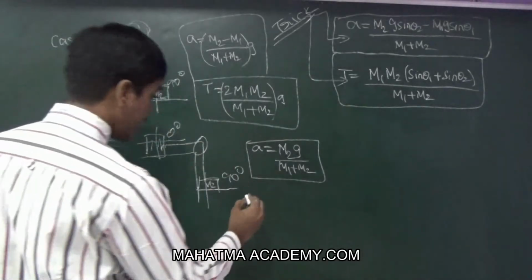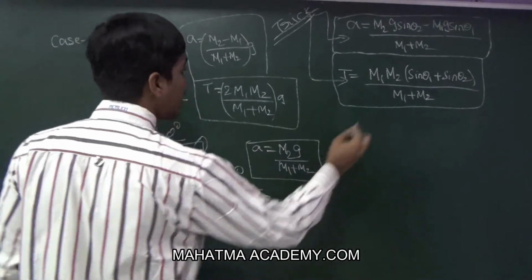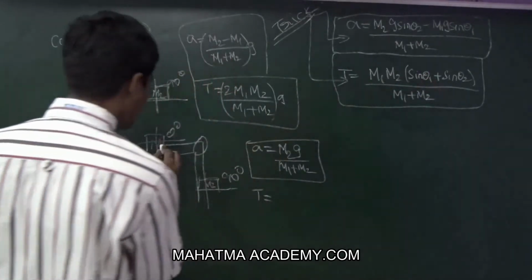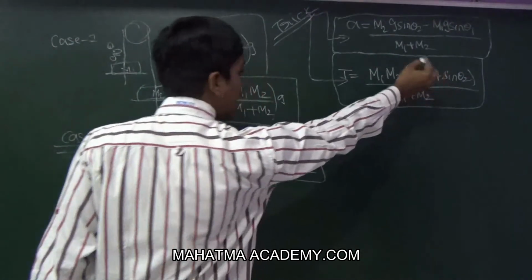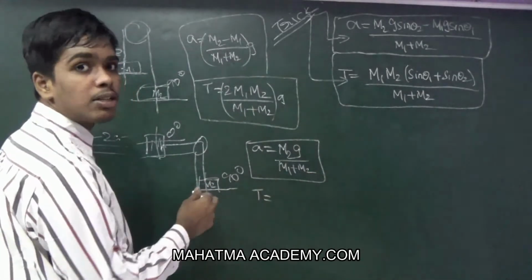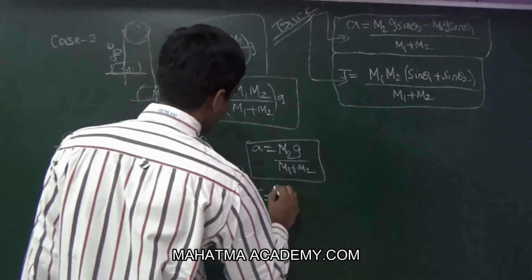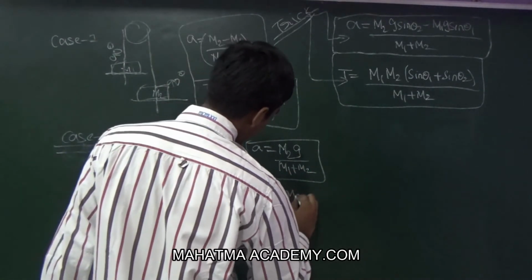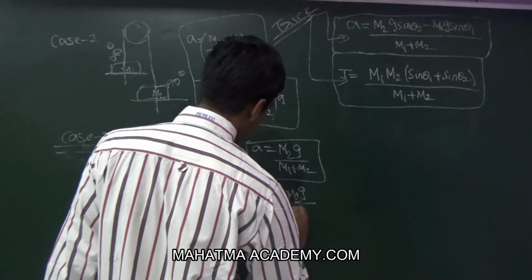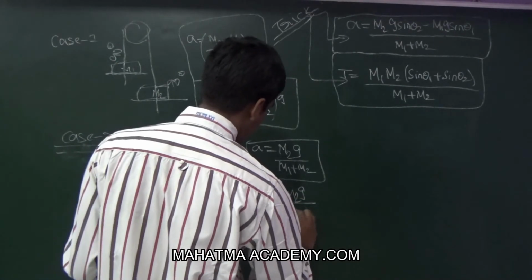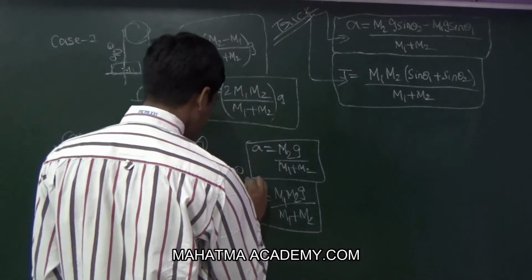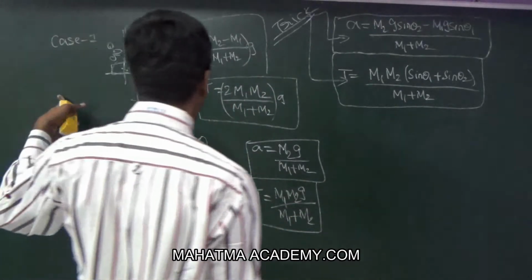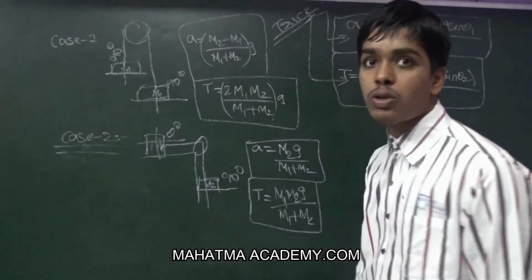And if you want to find the tension, here we apply sin theta 1, sin 0 is 0, and sin theta 2, the theta 2 is 90, so sin 90 is 1. m1 m2g upon m1 plus m2. We got the case 1 and the case 2.